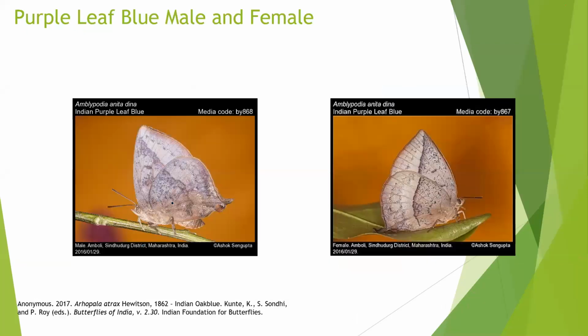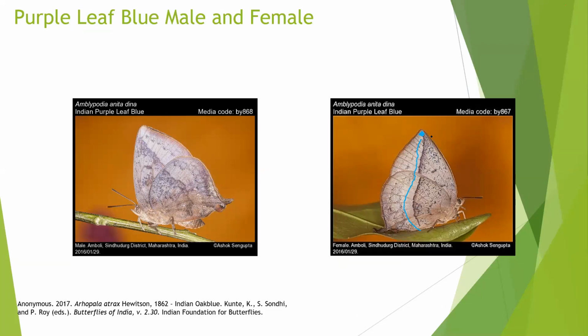I come to the leaf blues. If you see the leaf blue female, there is a band that starts from the apex of the forewing and goes uniformly to the base of the hind wing. So this is the female, and the male has a broad band.